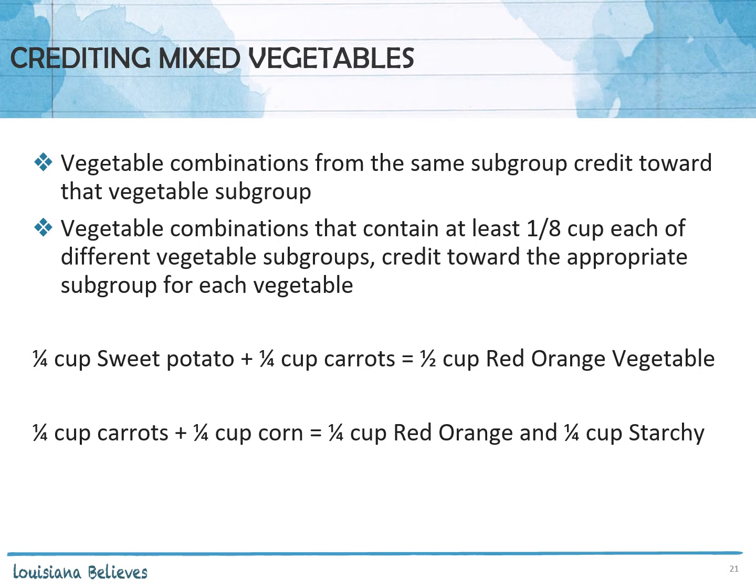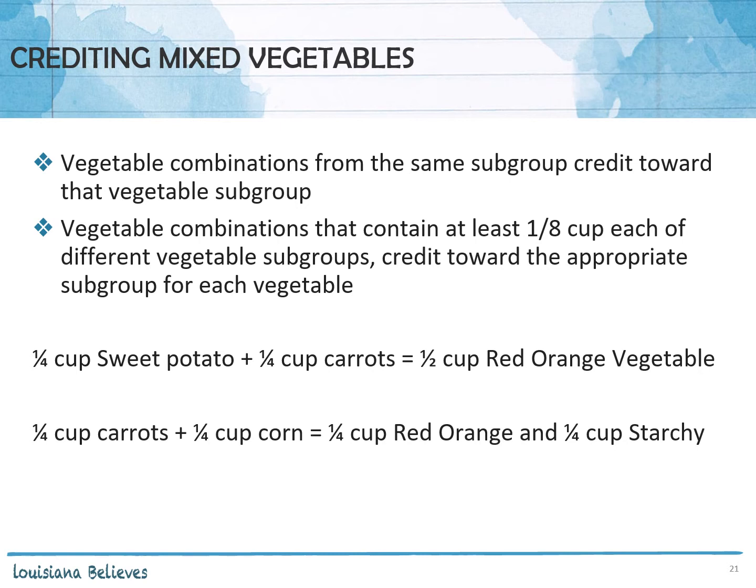Schools may use manufacturer-provided data that clearly documents the ratio of vegetables in the ingredients listed and credit the amount toward each vegetable subgroup requirement. For example, if a mixture is 25% broccoli, 25% carrot, and 25% cauliflower, then a 1 cup serving of this blend would credit 1/4 cup dark green, 1/4 cup red-orange, and 1/4 cup other.